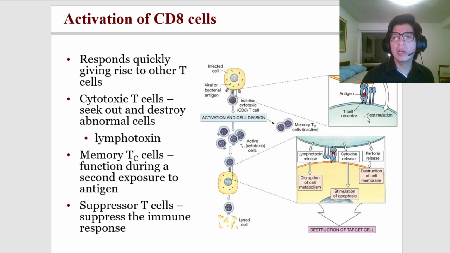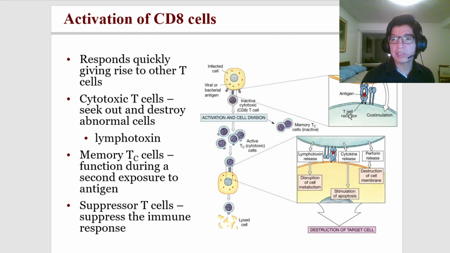Okay, so finally we have a cell that's begging to be killed through its major histocompatibility complex, presenting the antigen that is culpable of this. And we have the cytotoxic T cell finally binding and now ready to perform this killing.